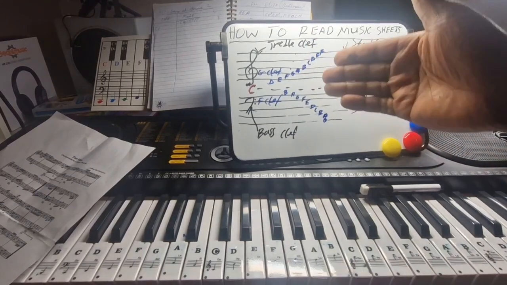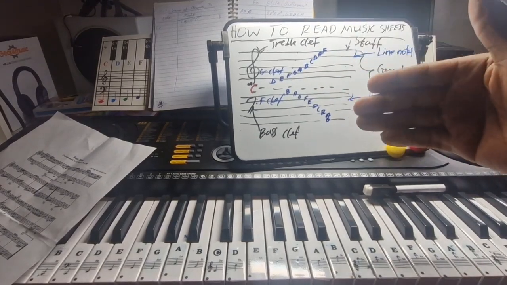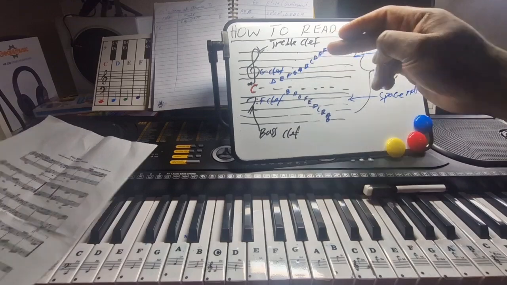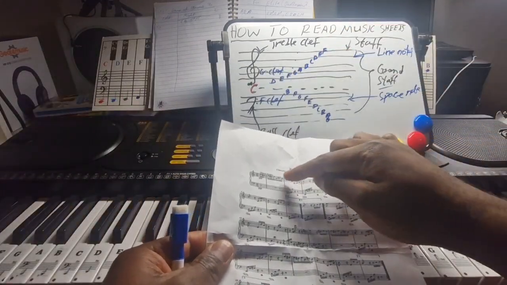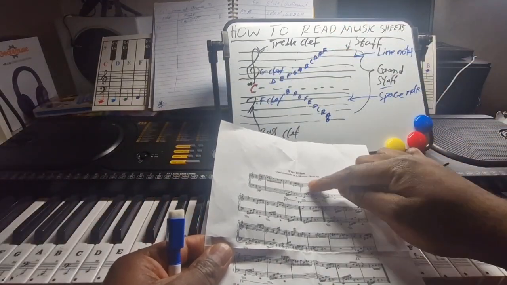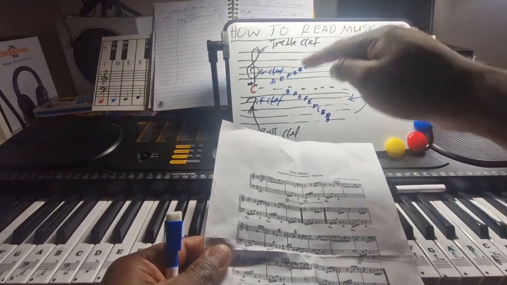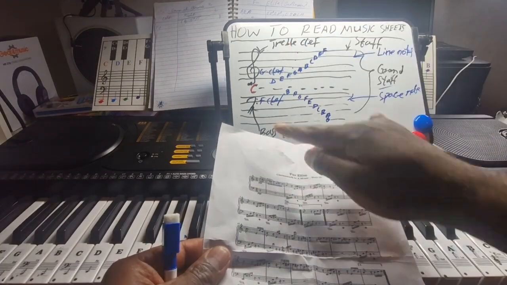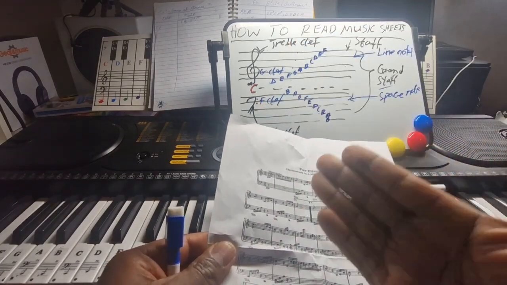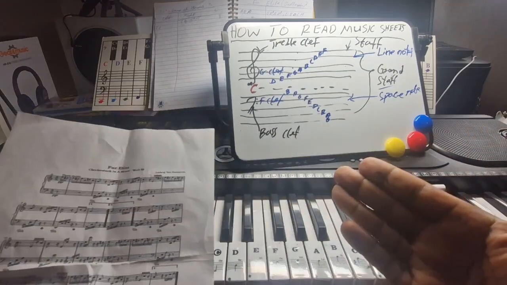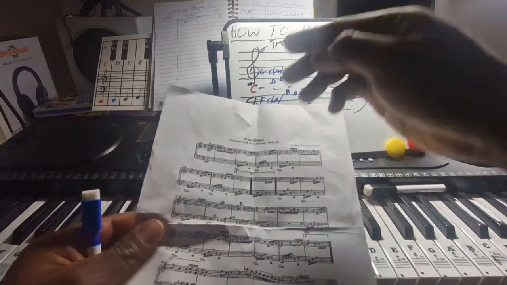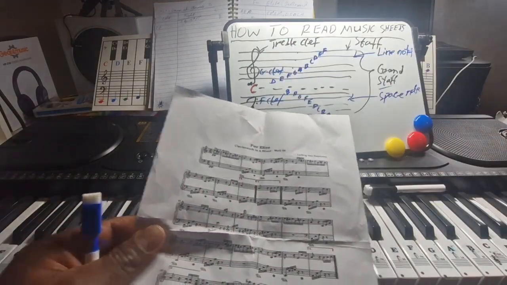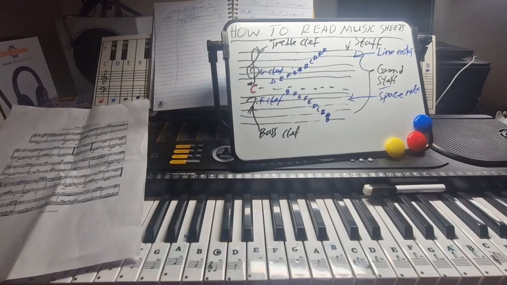Now that we understand the different buttons of the piano, this upper section refers to the treble clef, as I told you, and the bass clef is this lower section, which is the left side, from the C to the left side, and the treble clef is from the C to the right side. All right, excellent.